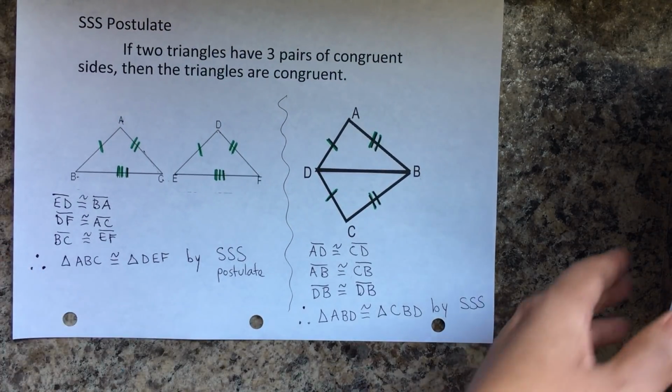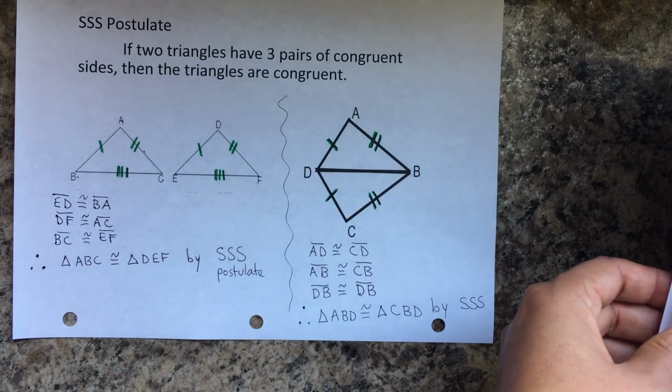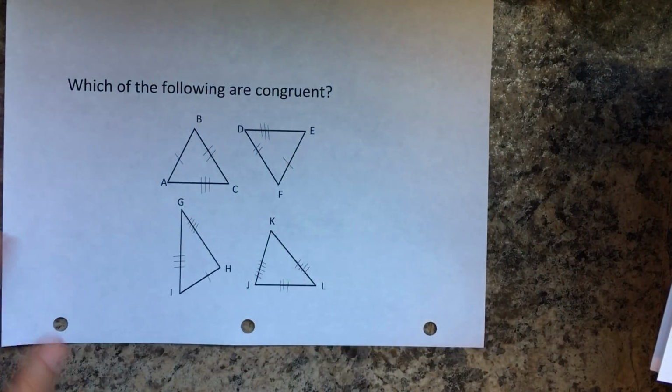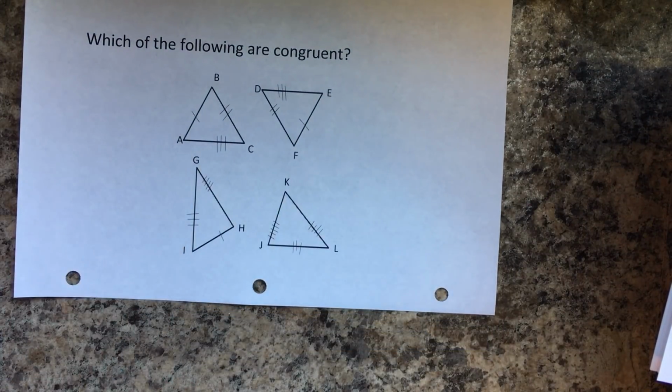Okay, let's do some more examples. Which of the following are congruent? So now they're giving you four different triangles with different markings, and you have to check which ones have the markings that match, basically.